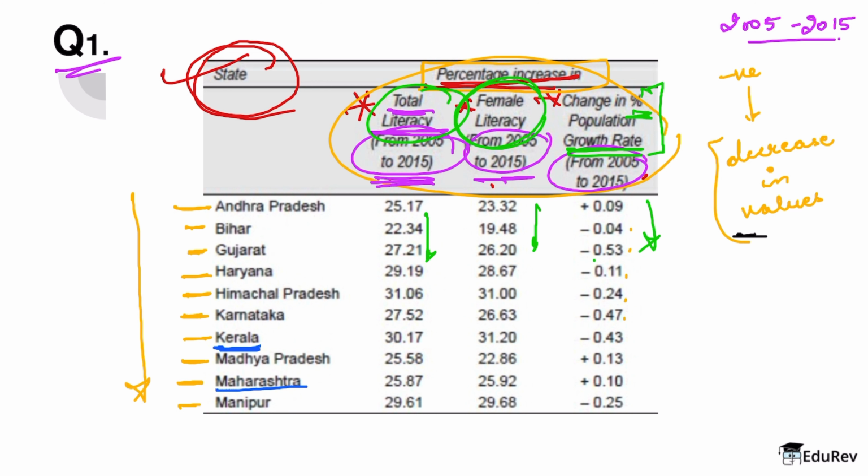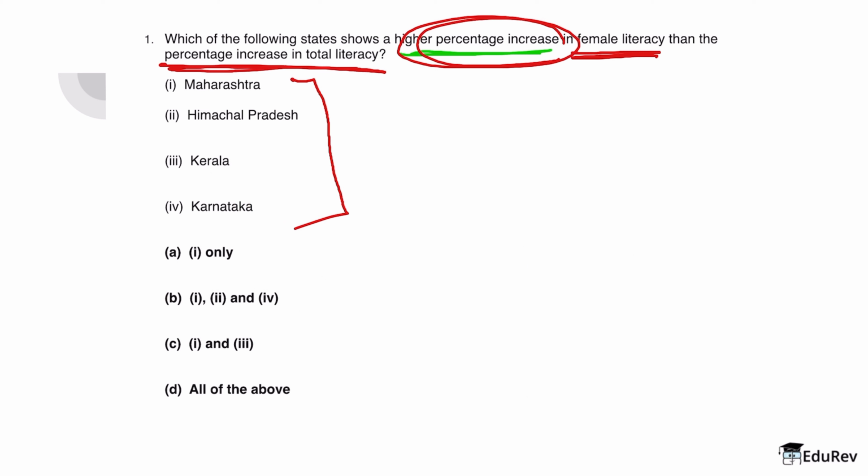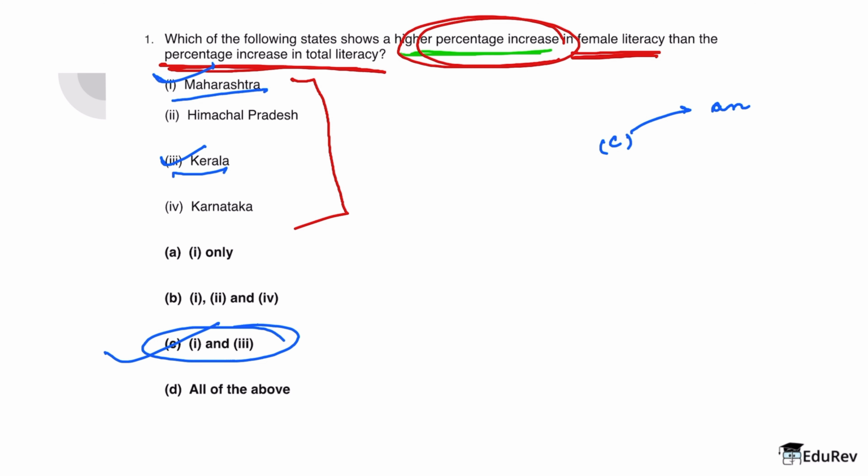So Maharashtra is going to be an option and Kerala is going to be an option. That means 1 and 3. So at the end, C is going to be my option.